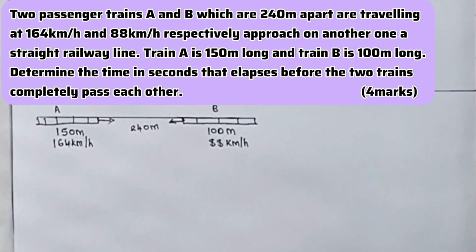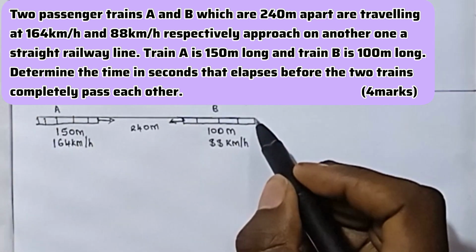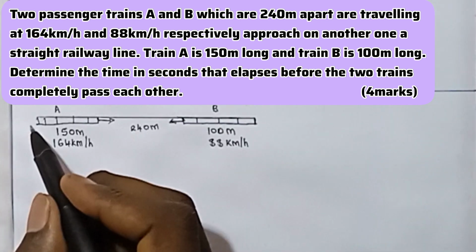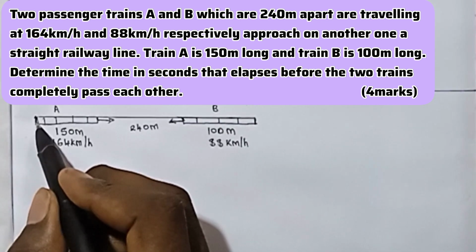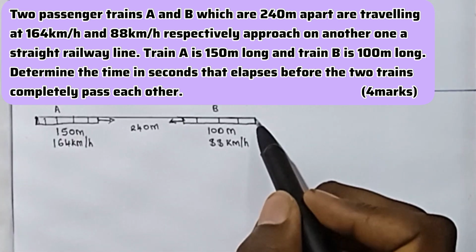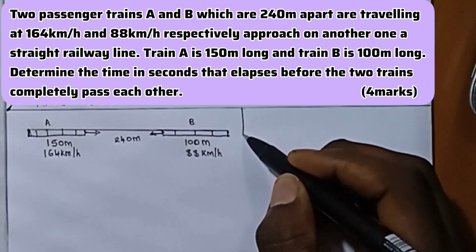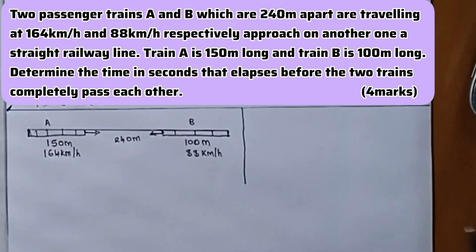So the question is asking us to determine the time in seconds that elapses before the two trains completely pass each other. So this is what the question is asking: when the trains completely pass each other. So this point and this point should be, let us divide like that.